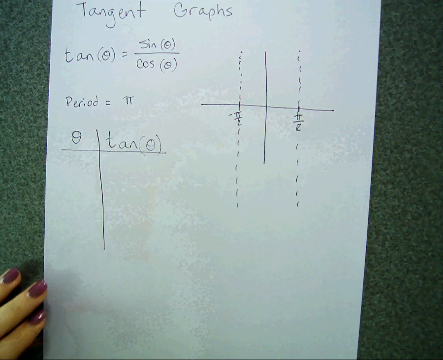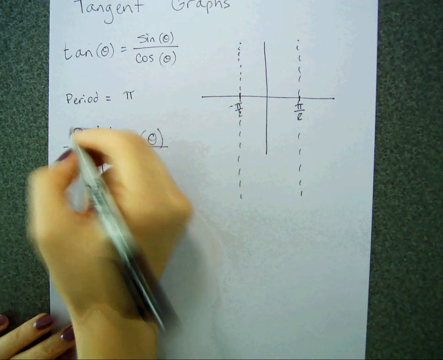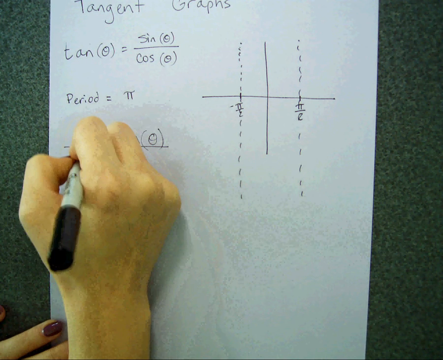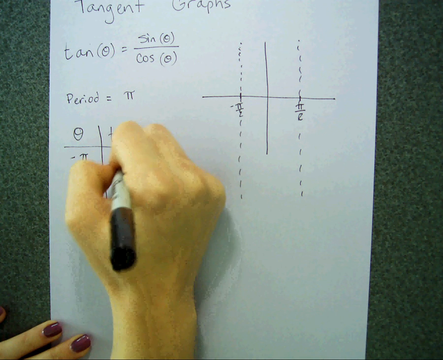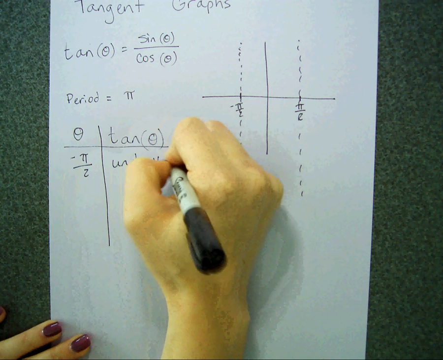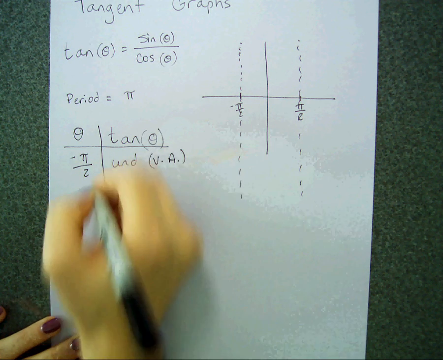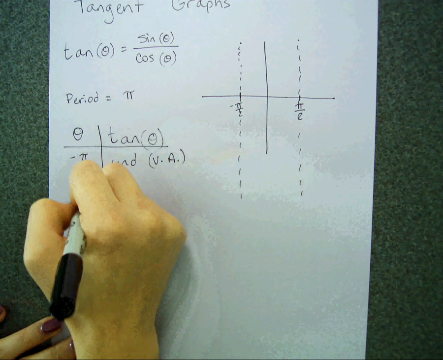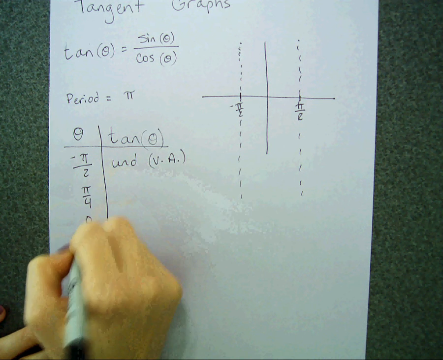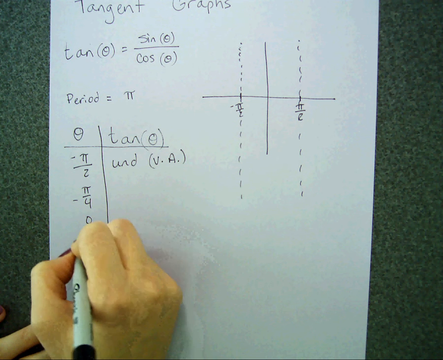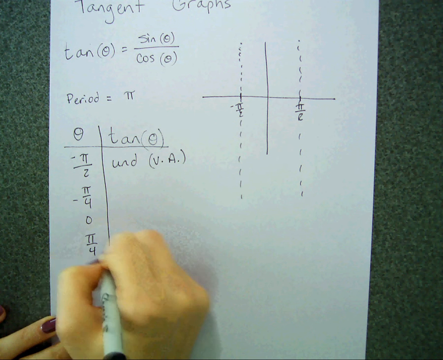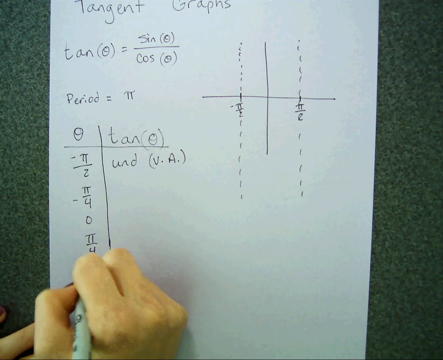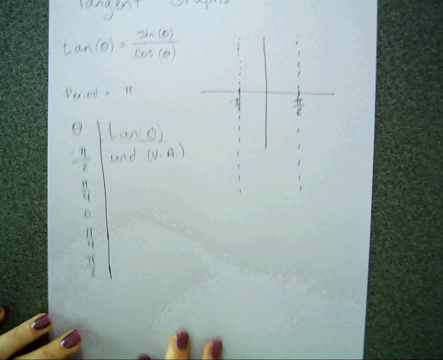I know at negative pi over 2, I'm undefined, so I have a vertical asymptote. And I'm going to do negative pi over 4, 0, pi over 4, and pi over 2, just to get a better idea of what is going on with my trig function.